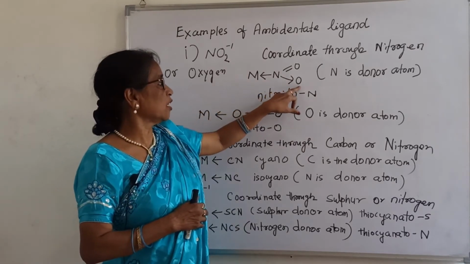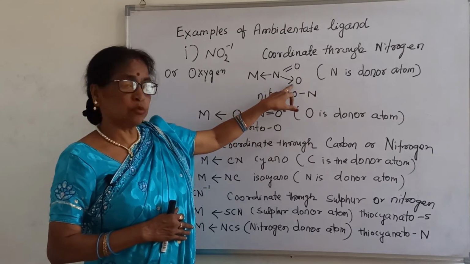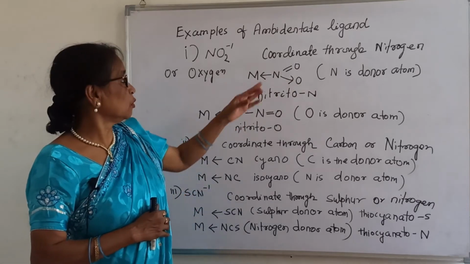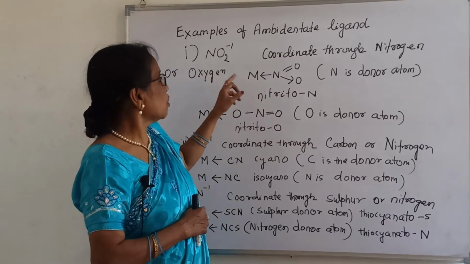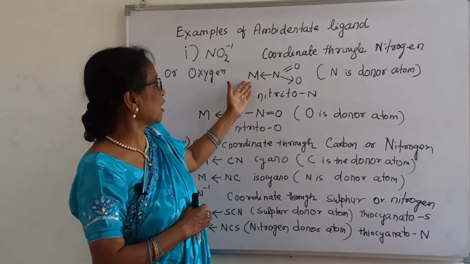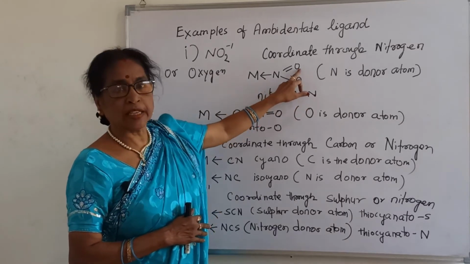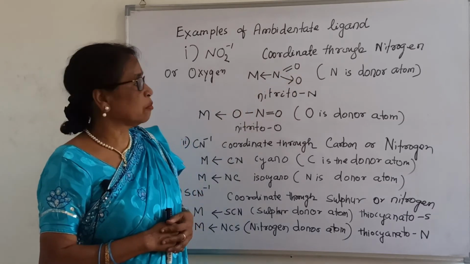One oxygen is attached by a coordinate bond, the other oxygen by a pair of bonds, that is covalent bonds. You should remember: one bond is a coordinate bond, the other two bonds are covalent bonds. So again, nitrogen towards the central metal atom, one oxygen by coordinate bond, the other oxygen by a pair of covalent bonds.